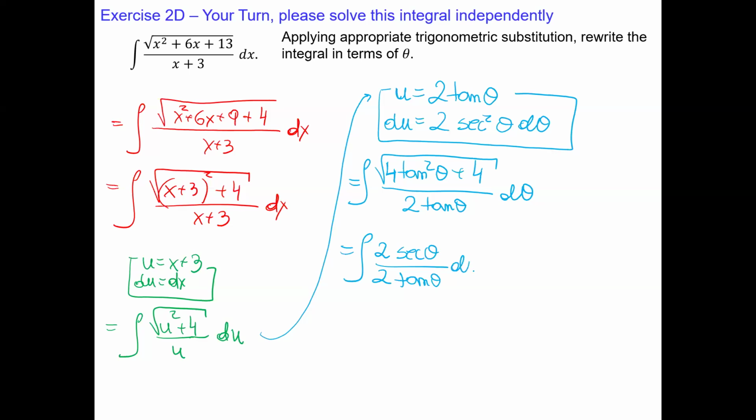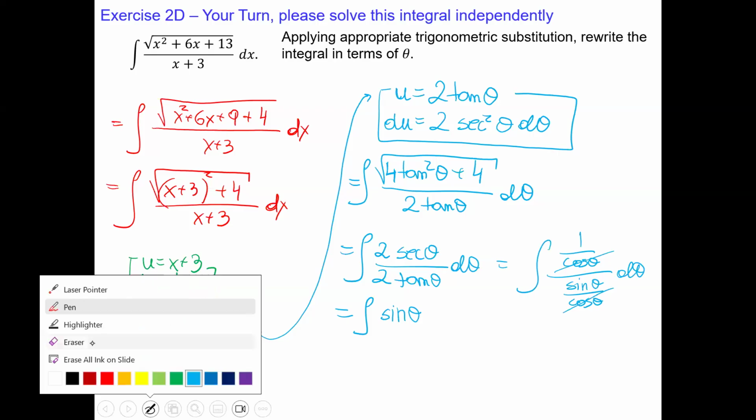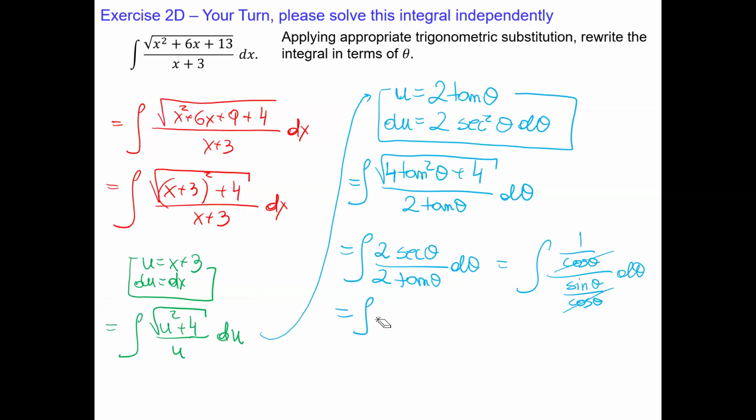Good. And when we simplify secant over tangent, it's just, I think, sine theta, because this one will be 1 over cosine, sine over cosine, of course, theta. We can cancel out. Oh, it's actually 1 over cosine, sine over cosine.